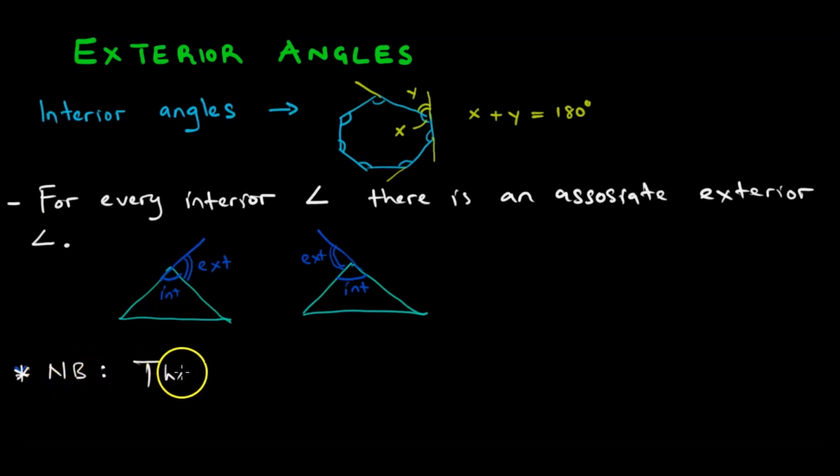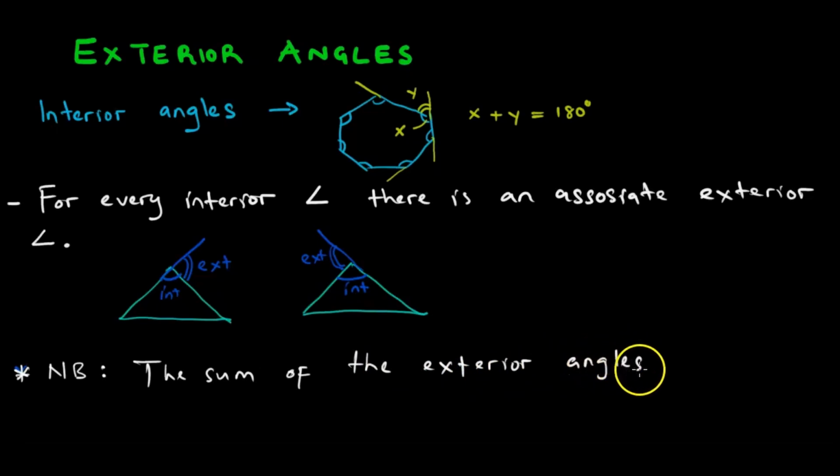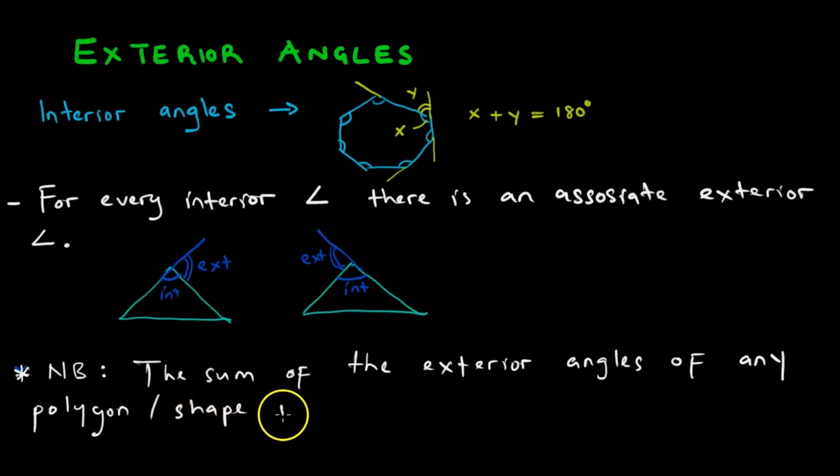It says, the sum of the exterior angles of any, underline any, polygon or shape is 360 degrees.